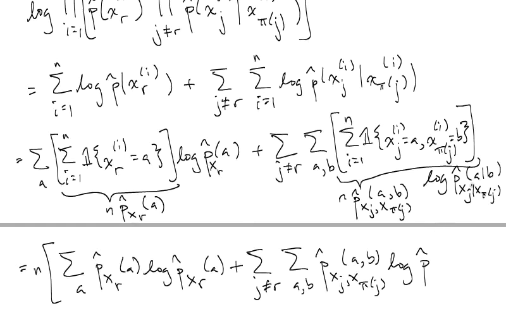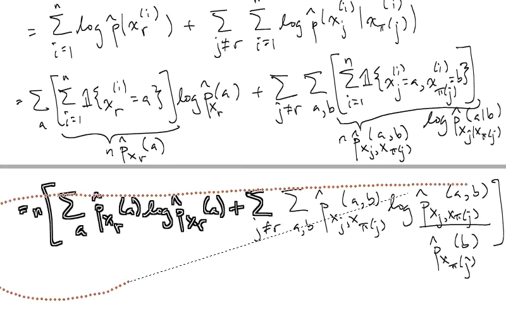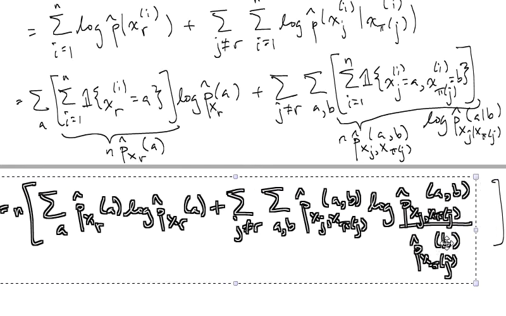So we can write this piece as p hat of X_j, X_pi(j) of A comma B divided by, and then since we're conditioning on X_pi(j), it's going to be p hat of X_pi(j) evaluated at B. Okay, so we're going to have this. And note that what I'm going to do is first move this over a little bit.